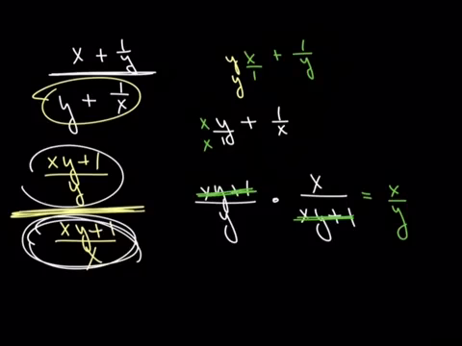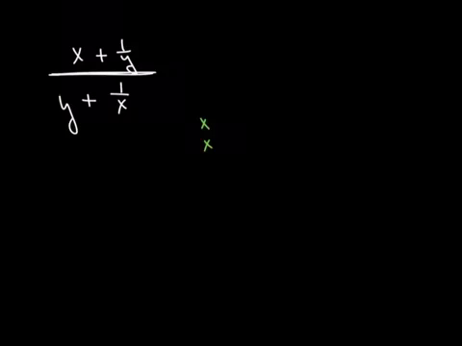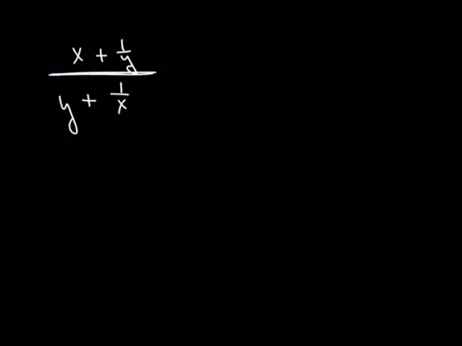Okay? Now let's do the same problem using the LCD method, and you'll see that you get the same answer, and you're just going to have to decide which one is easiest for you. So what I'm going to do is make this a fraction, make this a fraction. If it makes it easier, go ahead and do that. It does make it easier for me, just seeing all the fractions.